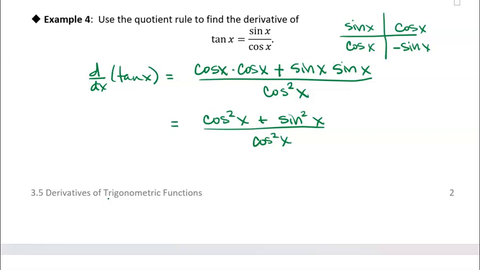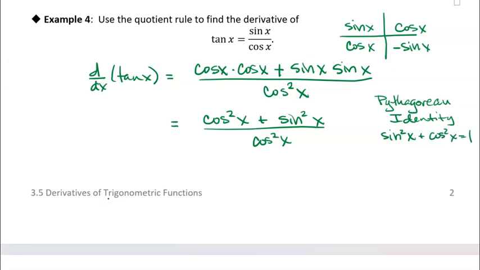Let me write it over here. Pythagorean identity. It just says that sine squared of theta, or x or whatever the variable is, we'll just use x since this is x, plus cosine squared of x equals 1.